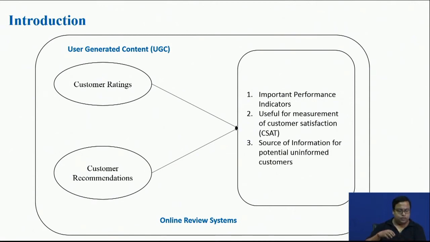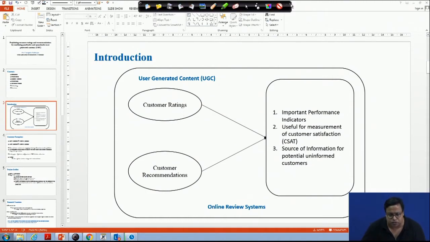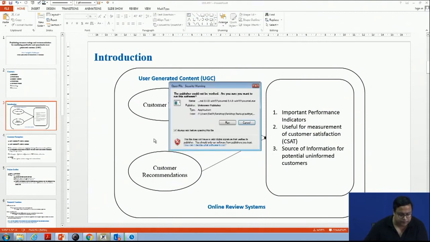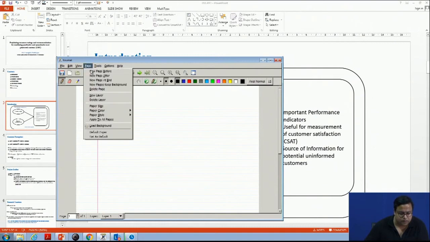So, if you just go and see any TripAdvisor data, you will see that in a TripAdvisor review, people post it like this. If I try to show you, just 1 minute.